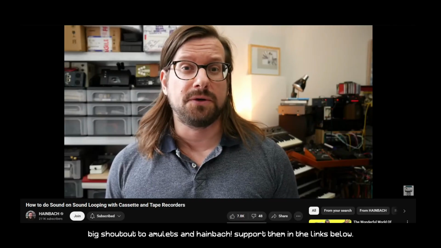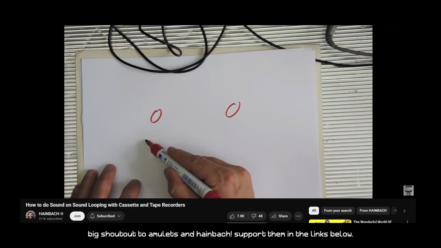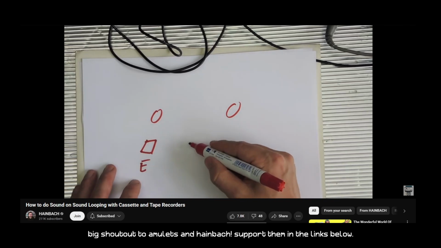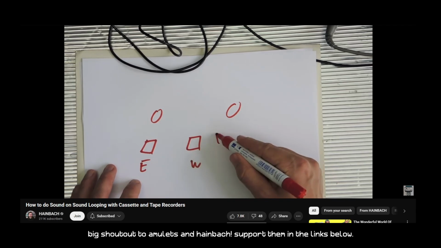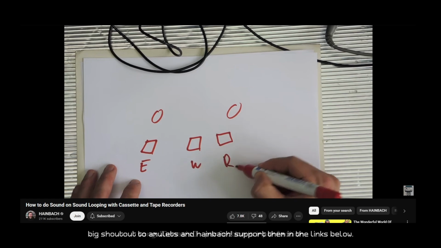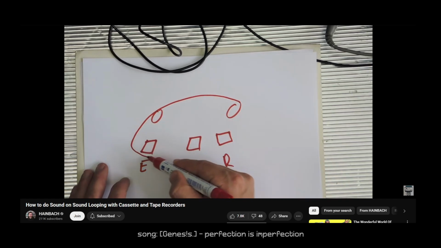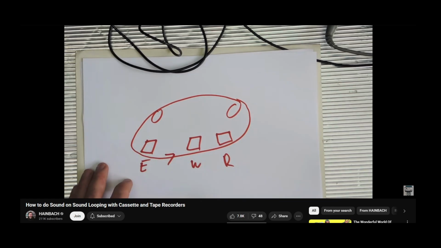So how does sound on sound work? A tape recorder usually has three heads: an erase head, a write head, and the read head. So if you put a tape loop here, it will travel in this direction.